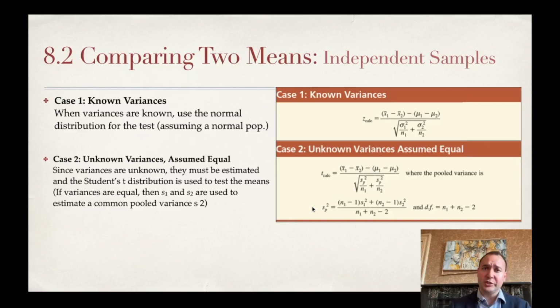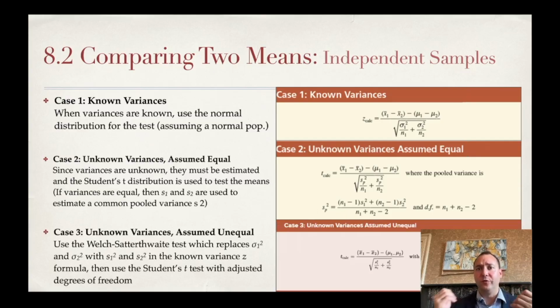However, in what case should we assume that they're equal? I would argue we should never do that unless we fully know the situation, which is almost never in real research.